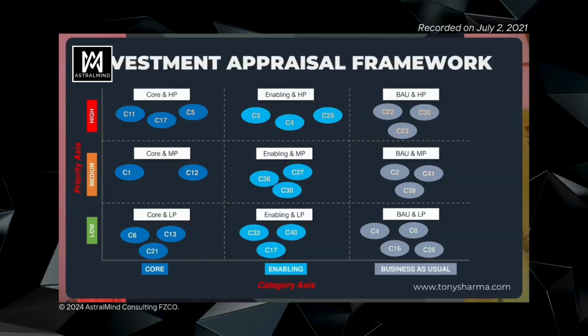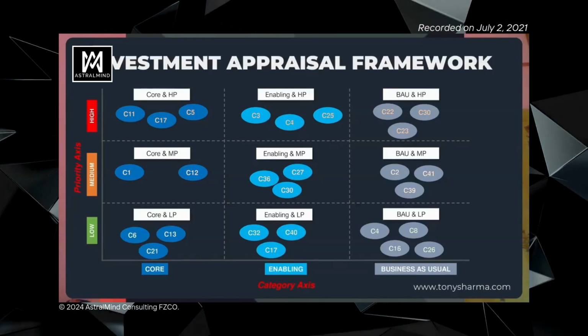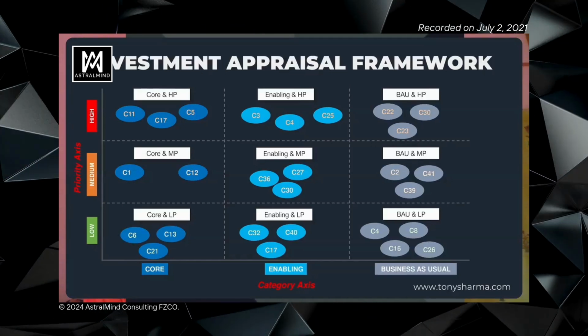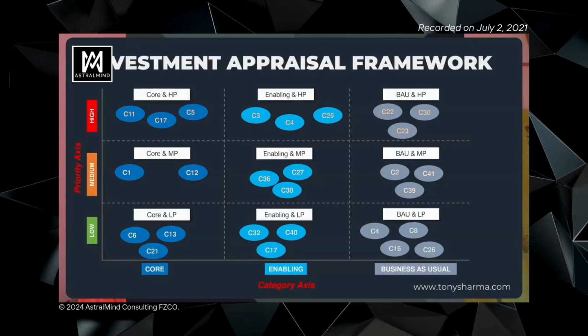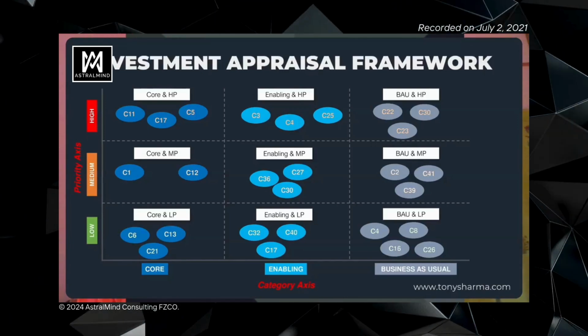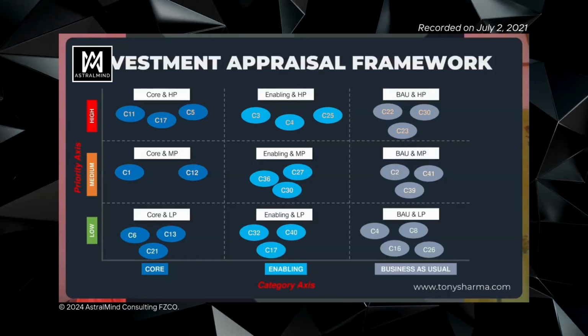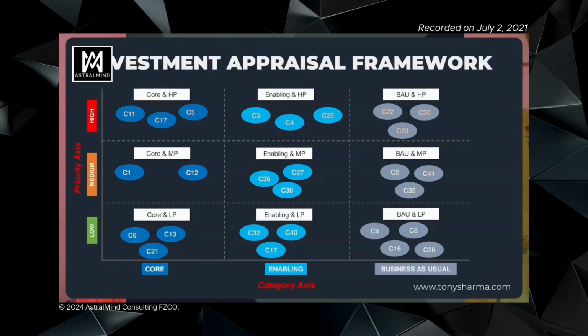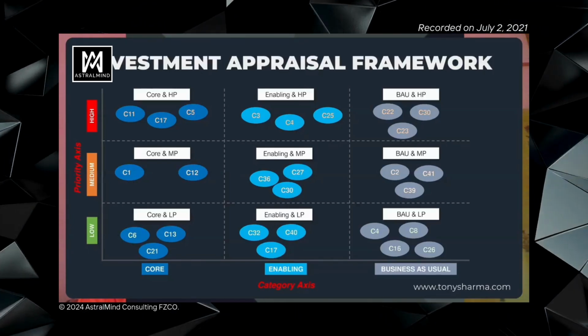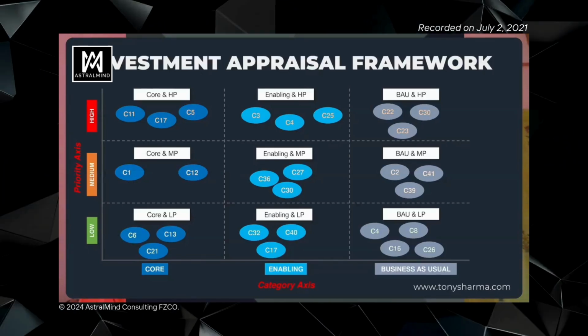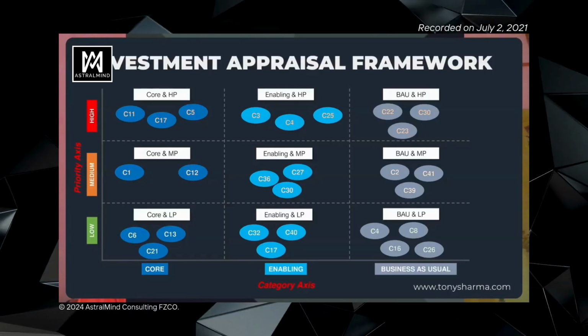So if a particular capability is supporting 20 strategies or less, I'll call it a low priority. If a capability is supporting between 20 to 50, I'll call it a medium priority. If a capability is supporting more than 50, I'll call it a high priority. Okay, so that makes it very, very easy for me.